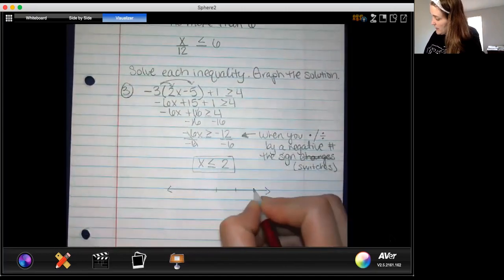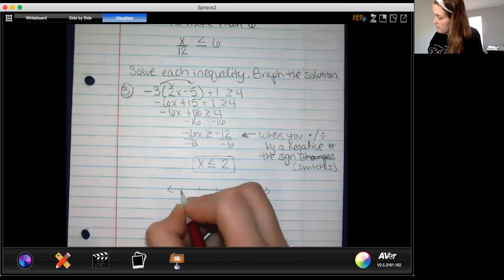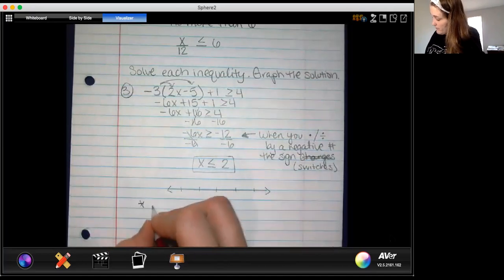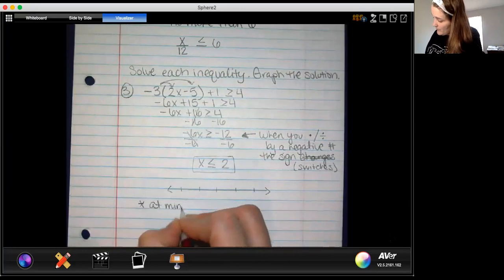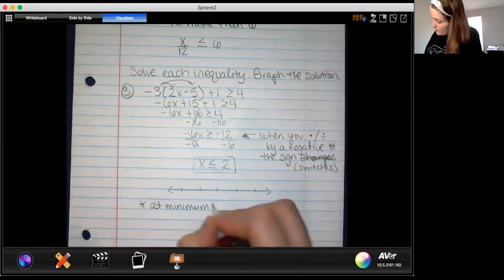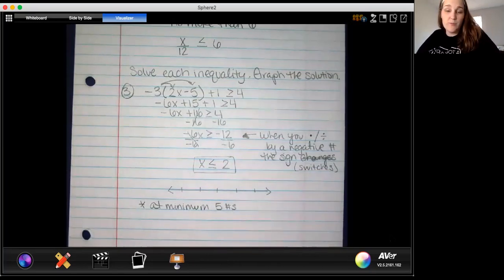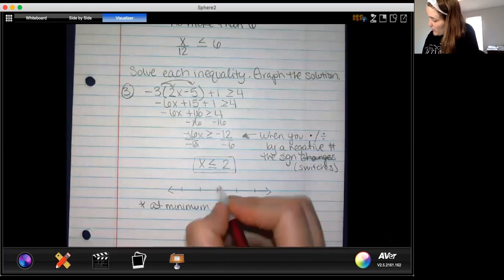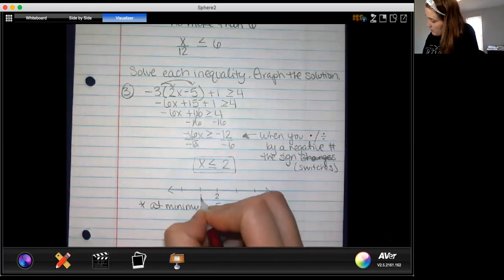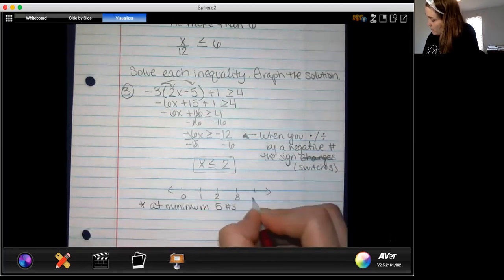And when you label your 5 numbers, they should be evenly spaced and they should be appropriately numbered. So if, for example, you were going by 1s, you would not all of a sudden change and go by 2s. So since I'm plotting the point 2, I'm going to say 0, 1, 2, 3, 4.